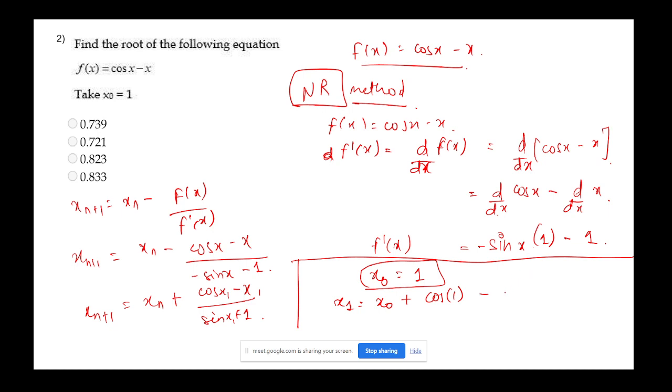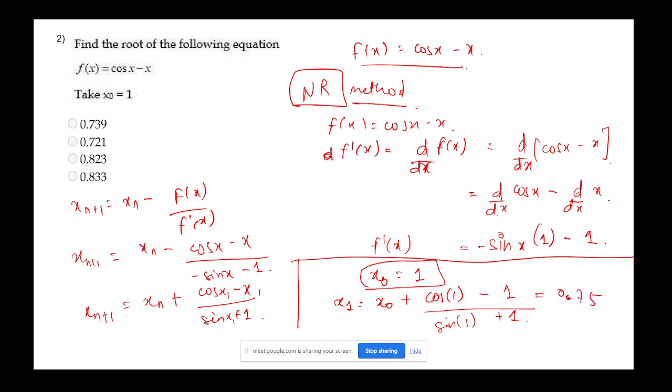So x1 equals x naught plus (cos x minus x, where x is 1) upon (sin 1 plus 1). If you do the first calculation, it is 1 plus (cos 1 minus 1) divided by (sin 1 plus 1), and the first point will be 0.75.